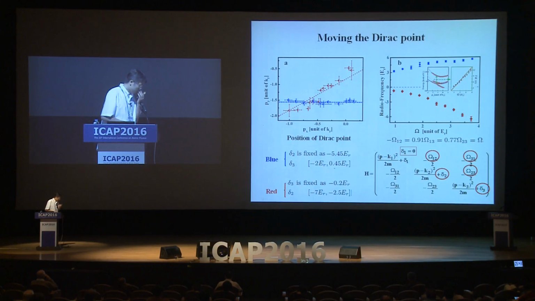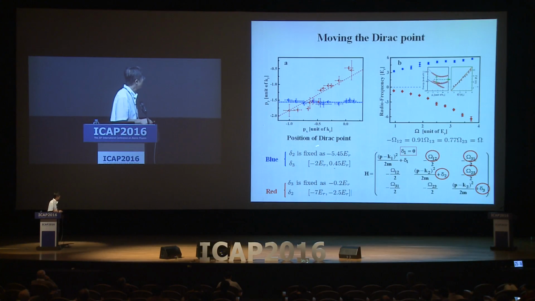The Dirac point created in our scheme is very robust, in the sense that the Dirac point can move in the momentum space when we change the experimental parameters, but we cannot open the gap of the Dirac point.